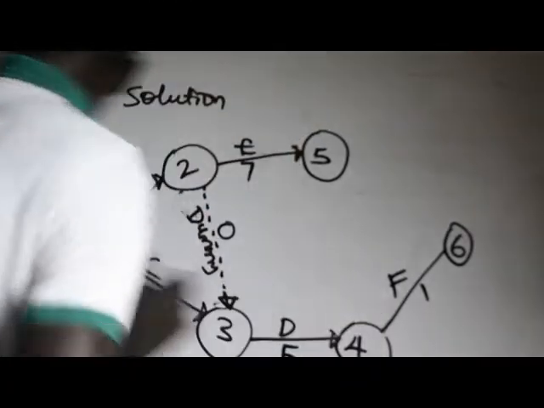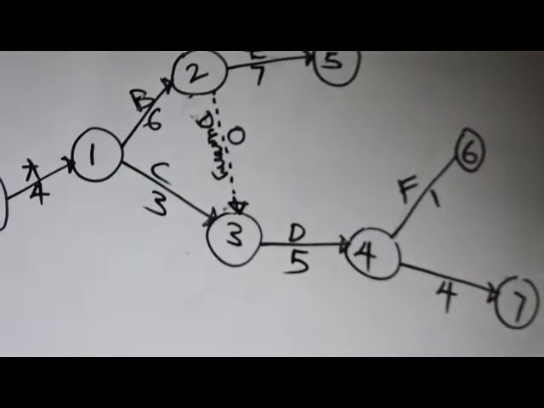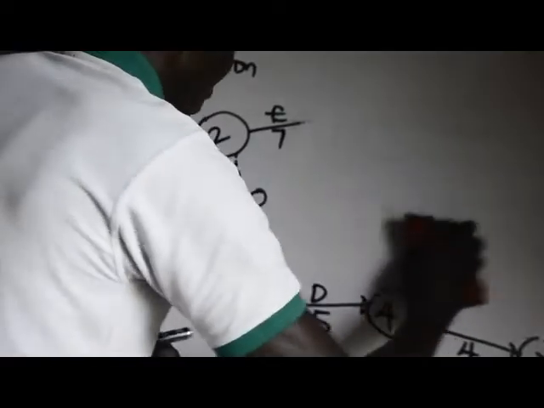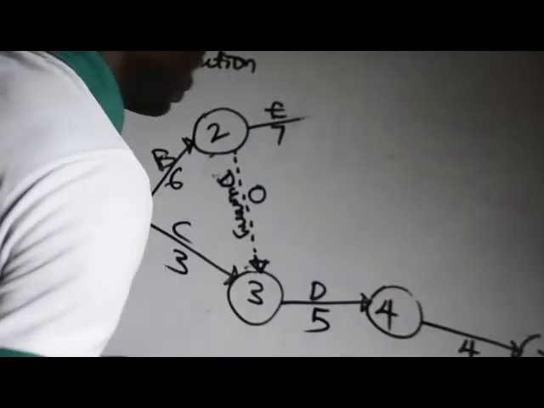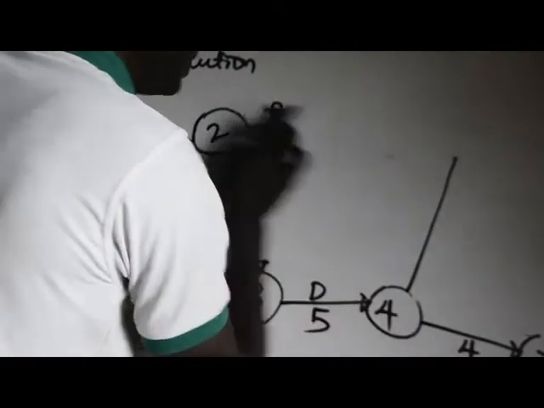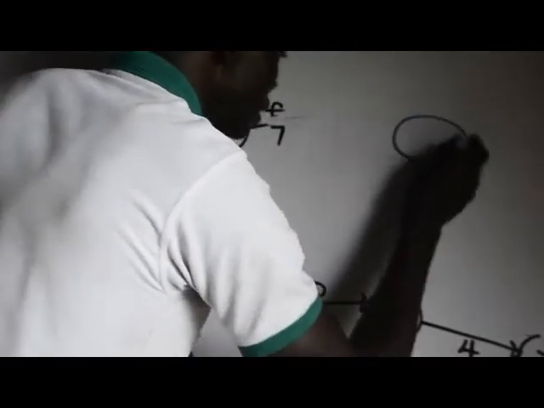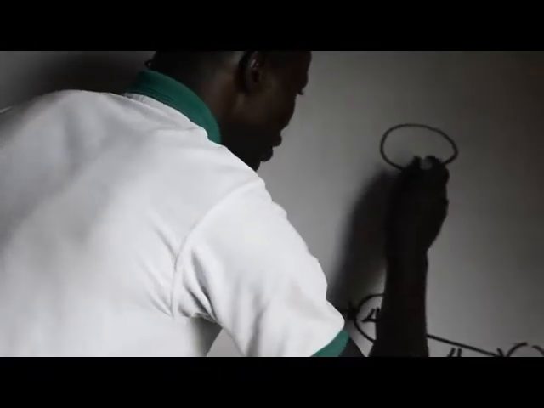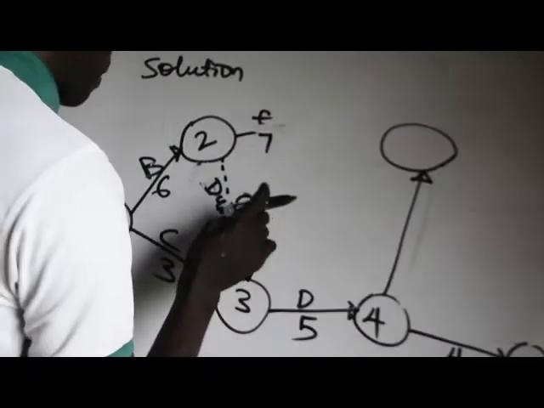Now, let's redraw that. So that is why I said you should use pencil. The two will not meet at a common point as drawn, so the two activities must meet at a common point.